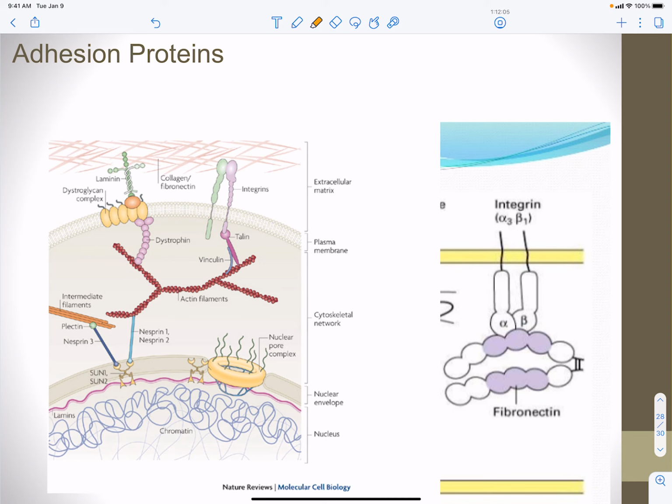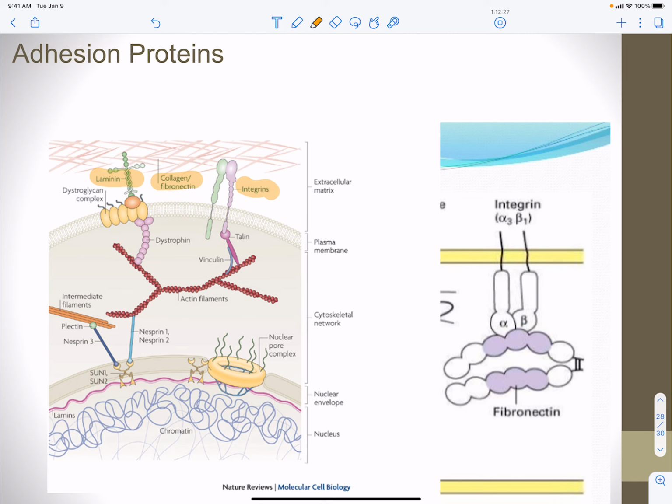You have your integrins, you have your collagen fibers, you have laminin, and your integrins are going to be interacting with your collagen, laminin, etc. And these are all going to be important in just overall adhesion.